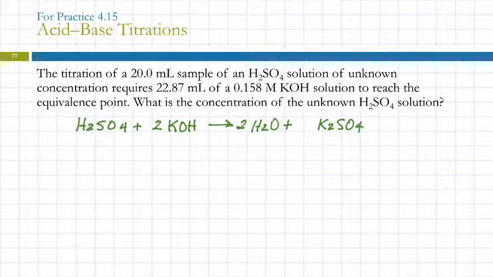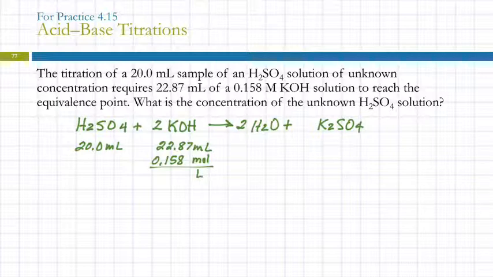I'm going to use that, like I did in other stoichiometry problems, to organize the information. So for sulfuric acid, I had 20 milliliters of that. We don't know what the concentration is. And it's telling me I used 22.87 milliliters of KOH, and that was 0.158, capital M. Instead of writing capital M, I'm going to write moles per liter, because that's what it means.